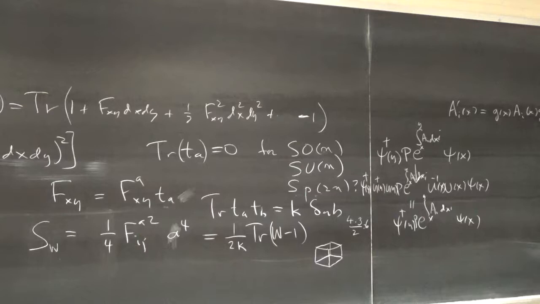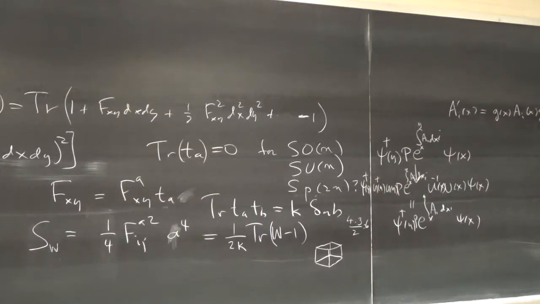And of course, you can also write that as g of x, A_i of x, g inverse of x, plus g of x, d_i g inverse. So those are the two different ways.